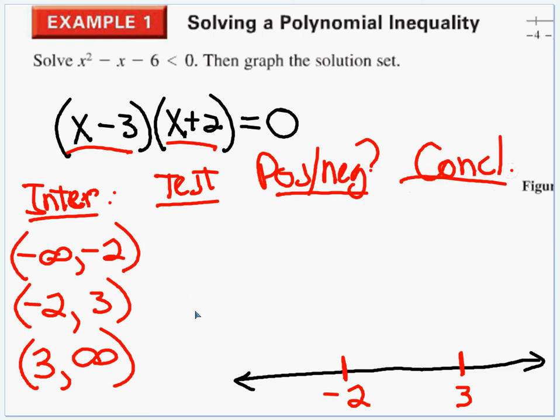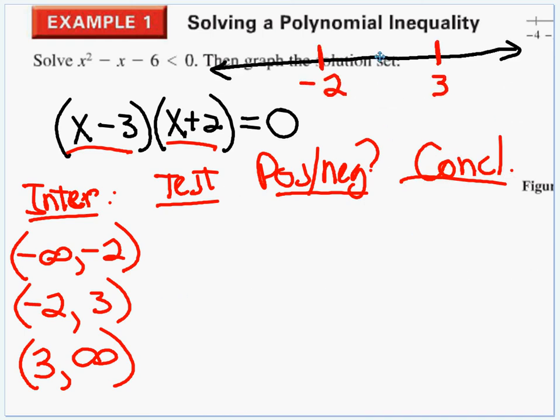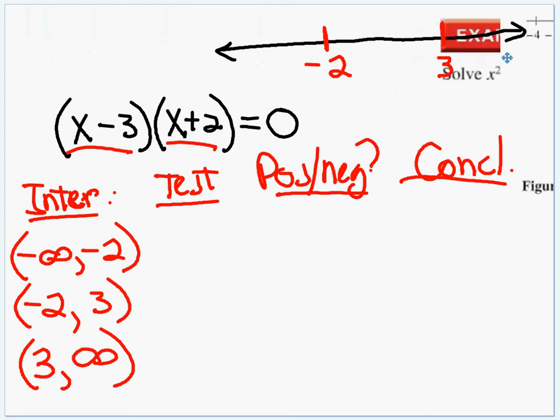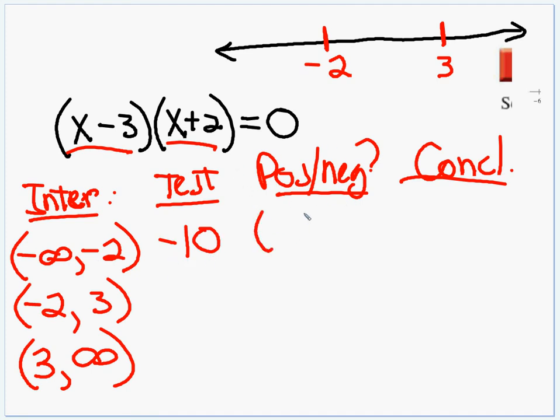And actually, I'm going to move my number line up here and get that out of the way. Okay, so let's see, our first interval, negative 2 to negative infinity. I like to work with negative 10. It's easy to multiply and divide by 10 because you're just moving decimal points. So now here we got to figure out if our polynomial is positive or negative.